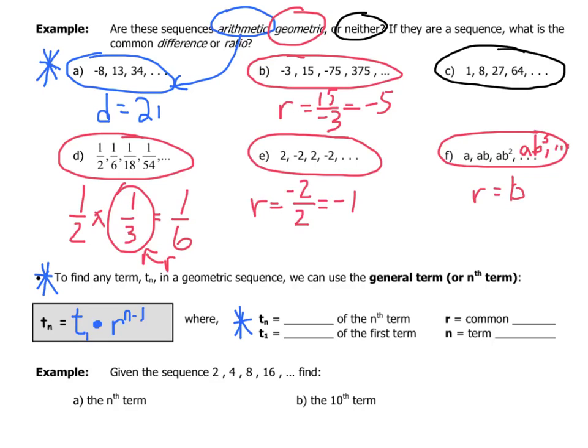Tn is the value of the nth term. T1 is the value of the first term. R, well, again, this is our common ratio. And N is the term number.